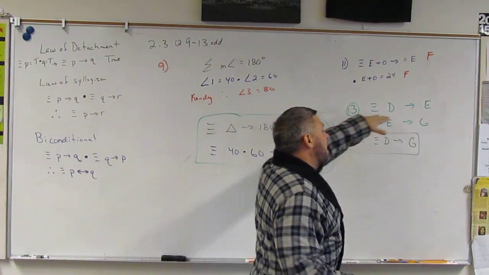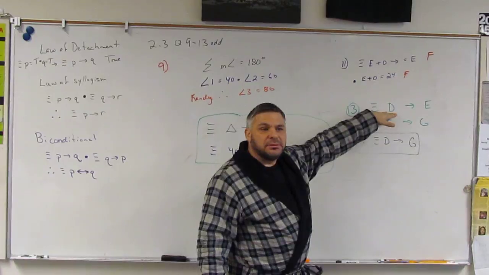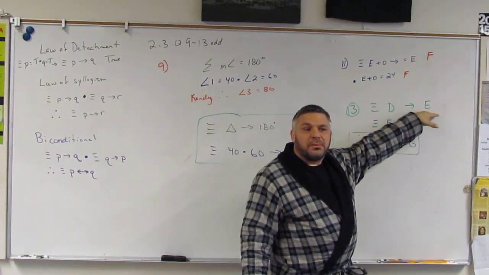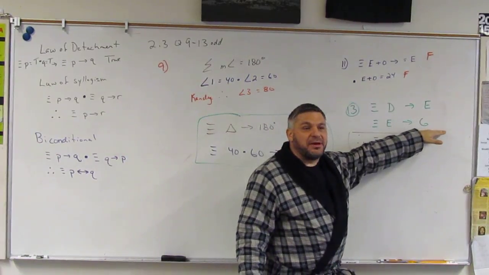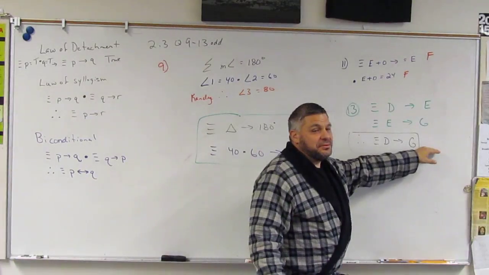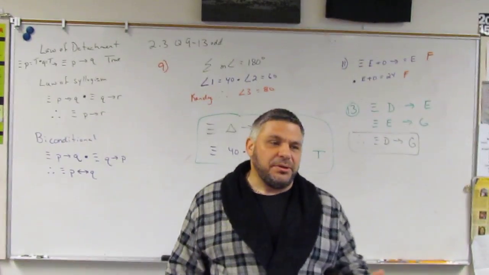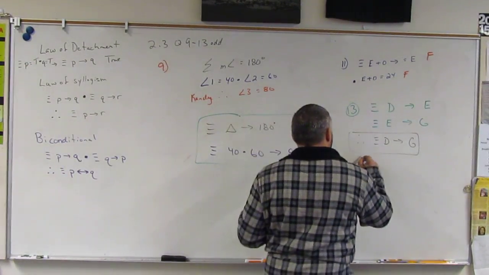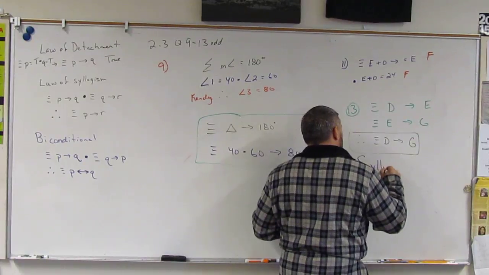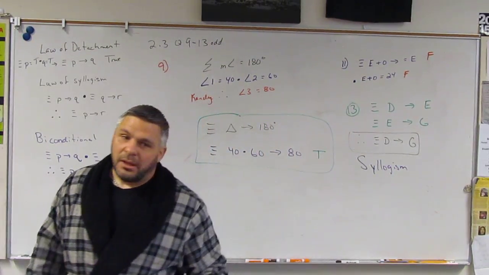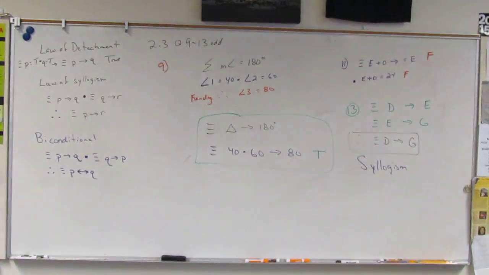So if Dakota watches the news, she'll learn about the events. If she learns about the events, she'll get better grades. If Dakota watches the news, she'll get better grades. What are we using here? The law of syllogism. Yes, law of syllogism. Okay? So, yeah.